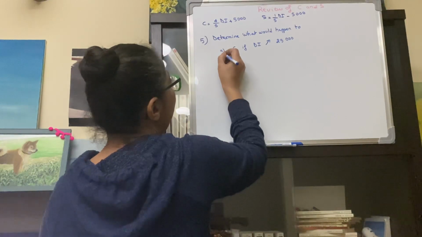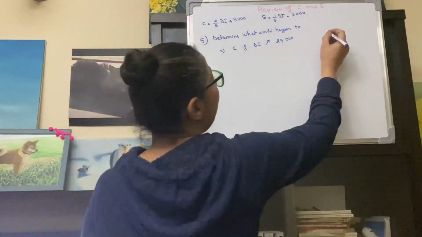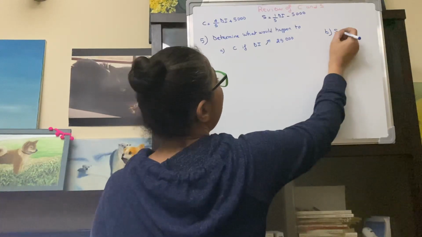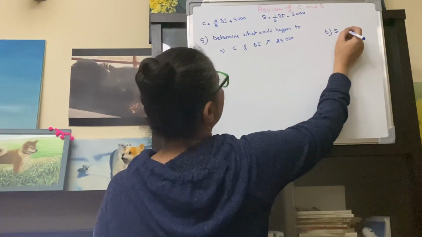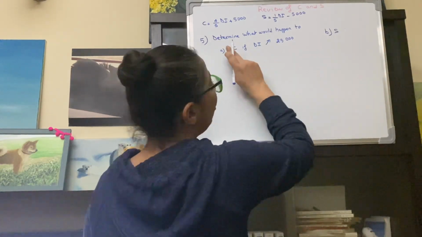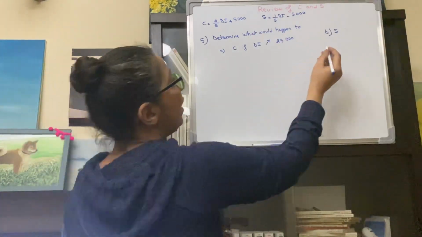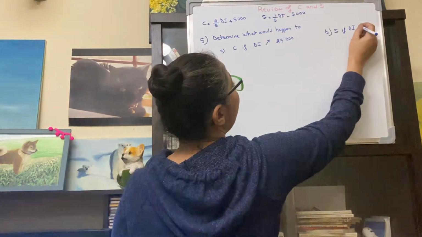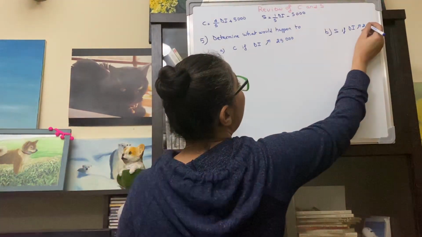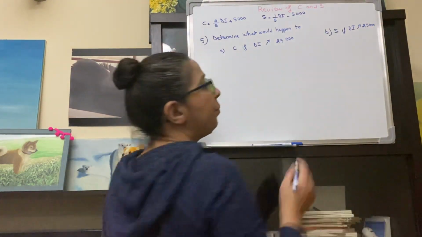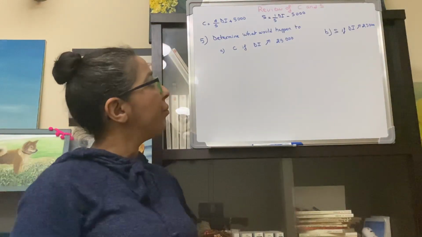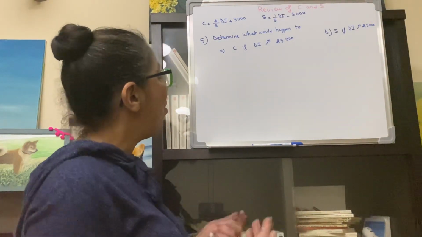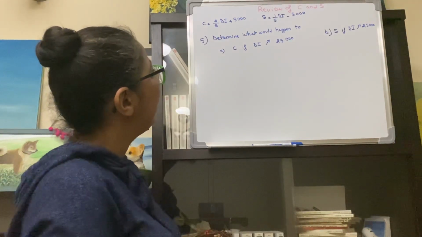That was little a, and little b was, if saving, determine what would happen to my saving if DI increases by 25,000. Let's try. So how can I know that?